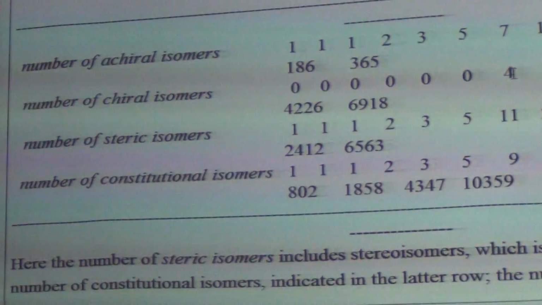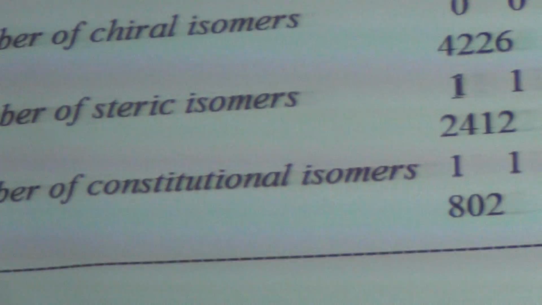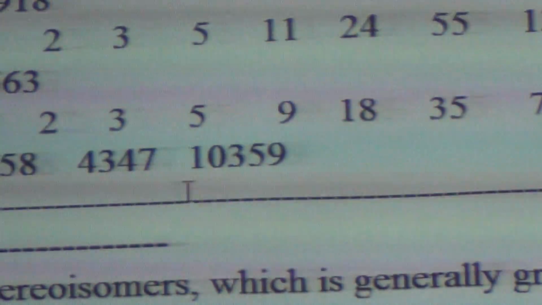So for heptane, we have 2 pairs, right, that's 4. And then for this number, we have this number of stereoisomers, and this number of constitutional isomers. 10,359. That's what I calculated for C16.